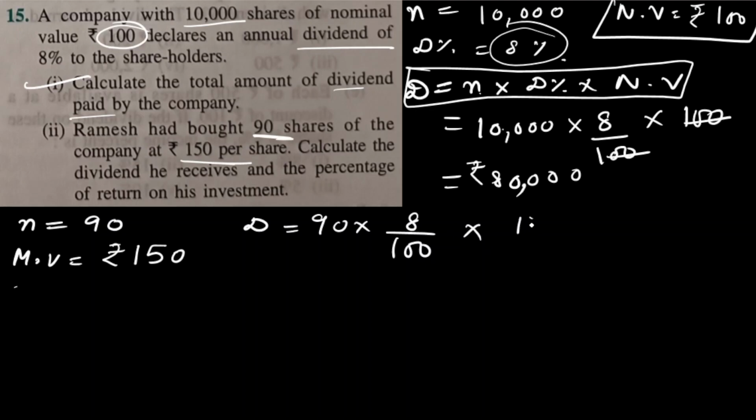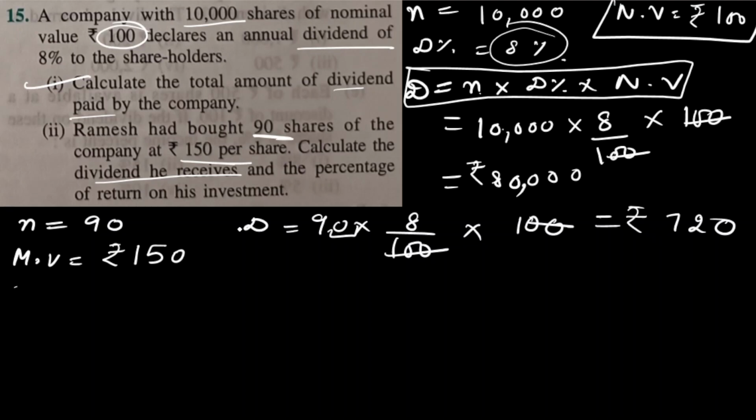Nominal value of this one is 100. 100 and 100 will get cancelled. So 8 into 9 is 72. And 10 here is there. So 720. So Ramesh had bought 90 shares of the company at 150 per share. Calculate the dividend he received. So how much dividend he received? 720, right? So the dividend's direct formula we used here.